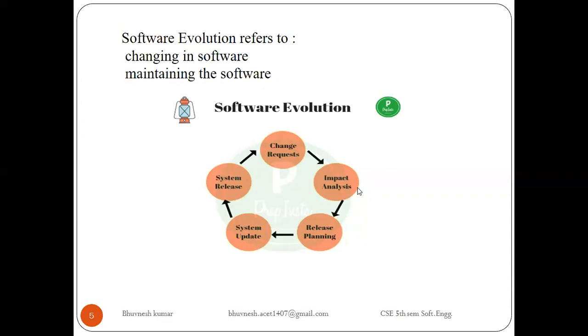Here is a diagram. The first concept is impact analysis. Impact analysis means your product is in the market and users are using it. If a user has any requirement while using the product, he or she will give feedback.